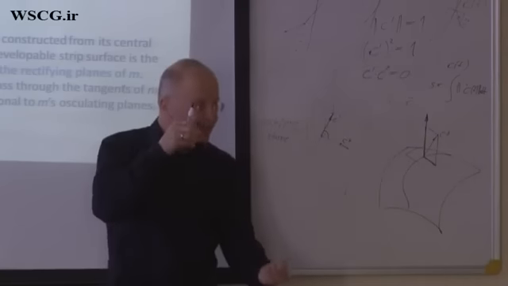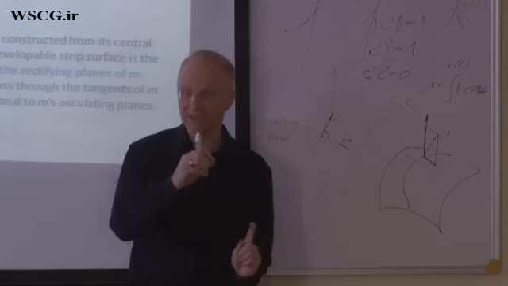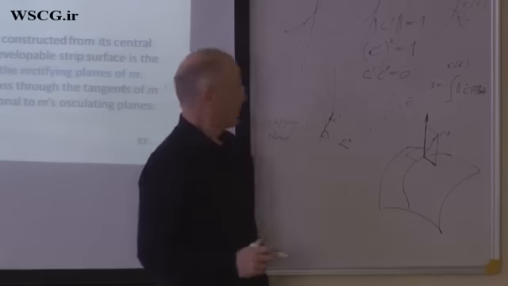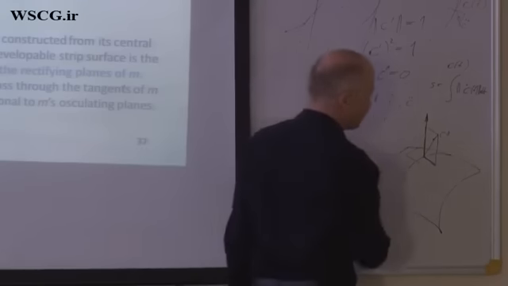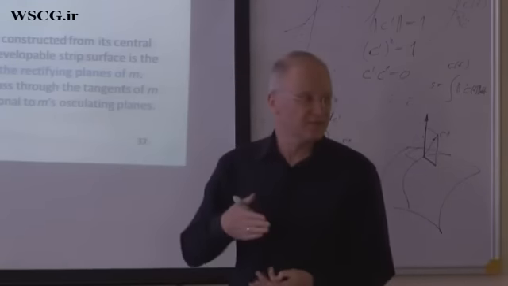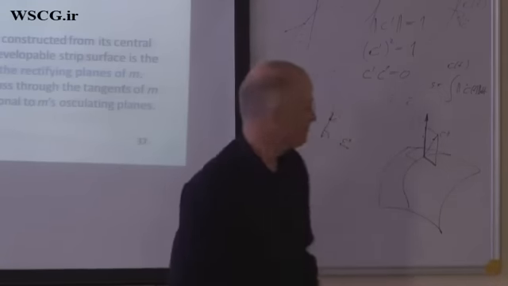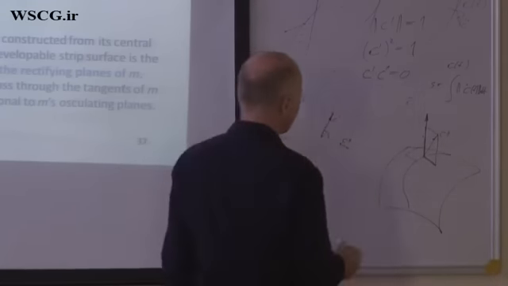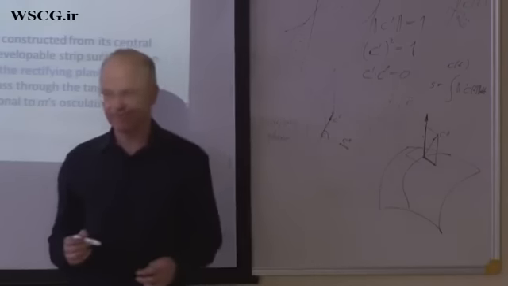The length of the normal component, which I did not tell you yesterday, is exactly this normal curvature which we talked about. And the length of the tangential component, tangential to the surface, is the geodesic curvature.